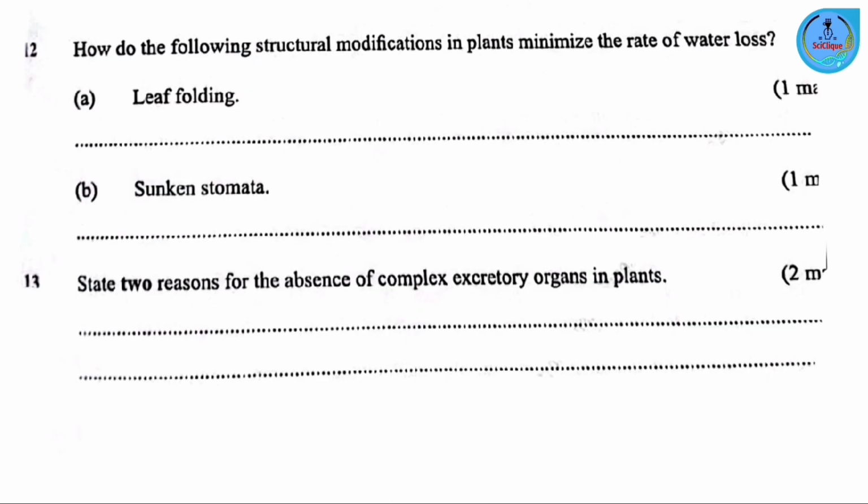Moving on to question number 12. How do the following structural modifications in plants minimize the rate of water loss? Okay, so we are talking about reducing the rate of transpiration because this is the process through which plants mostly lose water. Part A, leaf folding.